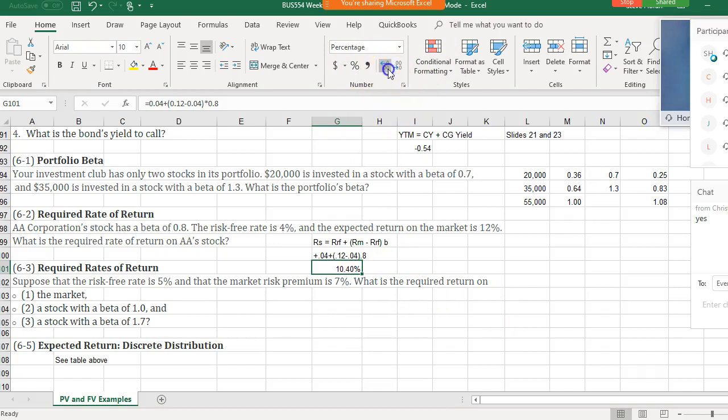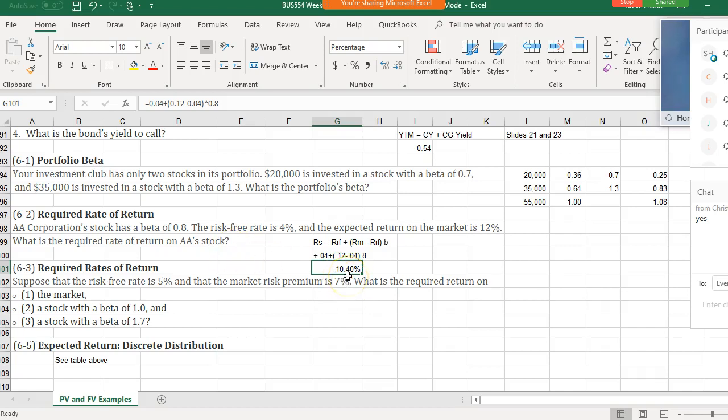That becomes 10.4%. Okay, so let's think about that answer and why that answer makes sense. Remember that the beta of the market is 1. And right now the market gets me 12%. So the general market should get me a 12% return. The beta on this stock is 0.8, which means this stock has less risk than the market.